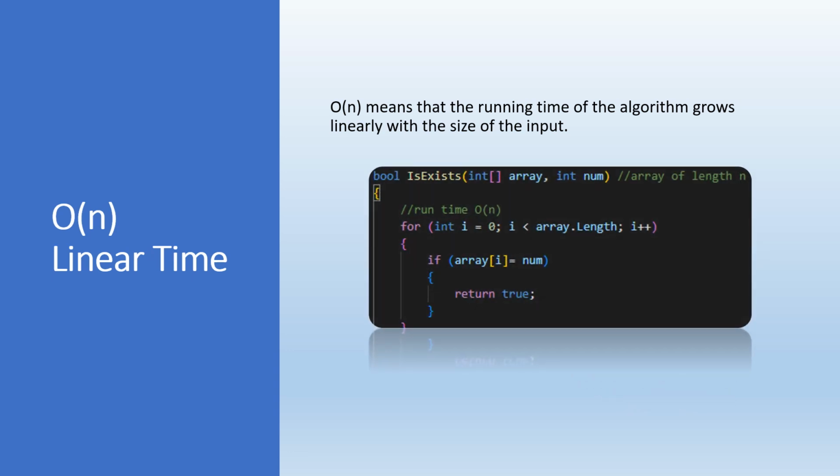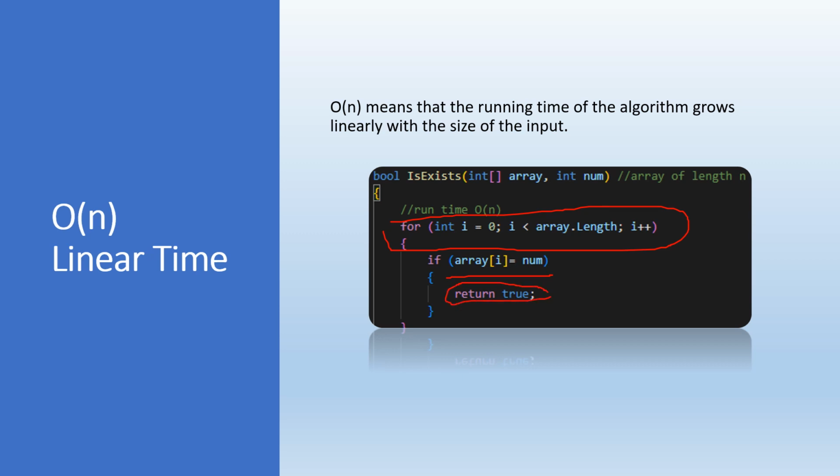This is a method which checks if a particular element exists in the array or not. If you look at this, this is the loop. For every element it will check if the number we are trying to find exists in the array or not. If yes, then it returns true.